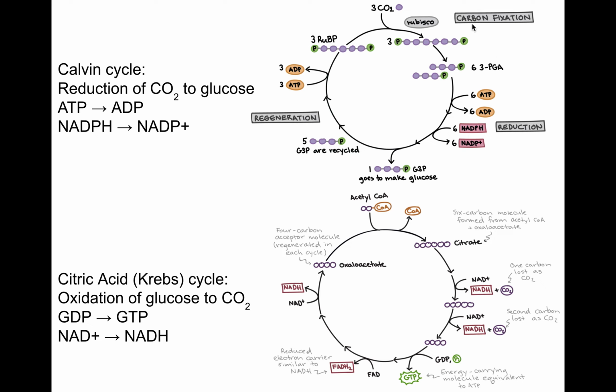You have carbon fixation, and then you've got reduction, a series of steps where NADPH is oxidized to NADP, and so you are reducing your carbon molecule. Then you end up with one molecule of G3P coming off to help form glucose. The rest are recycled and go back into the whole cycle.